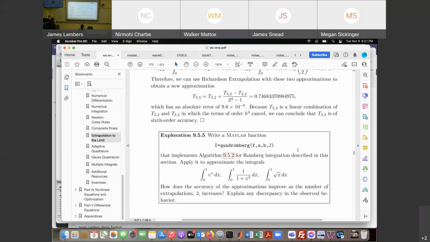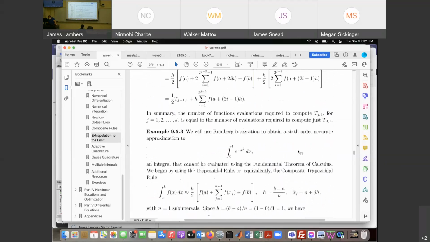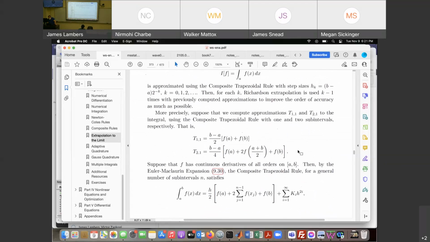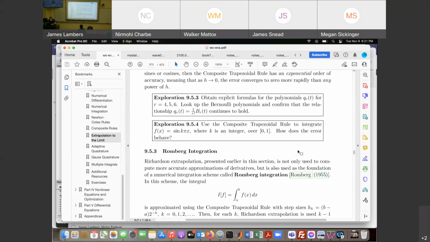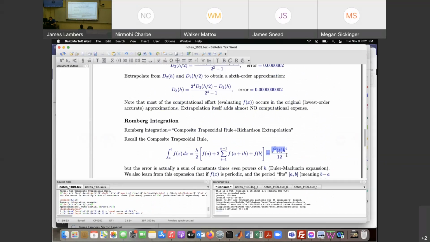And the thing to keep in mind is that you have in the error formula your second derivative at an unknown point, and that point can be somewhere in the interval AB.